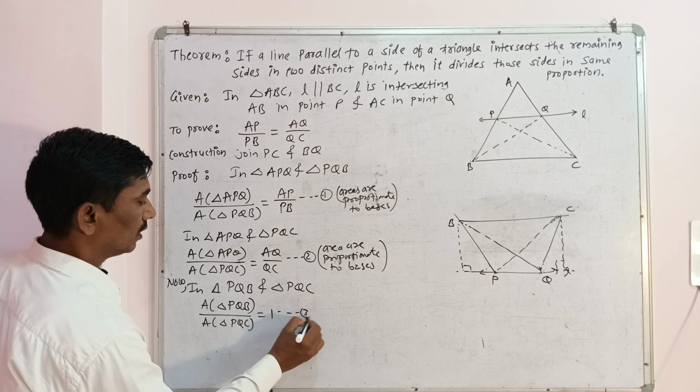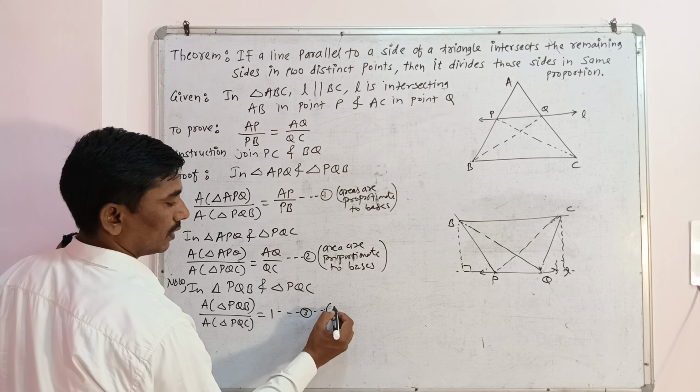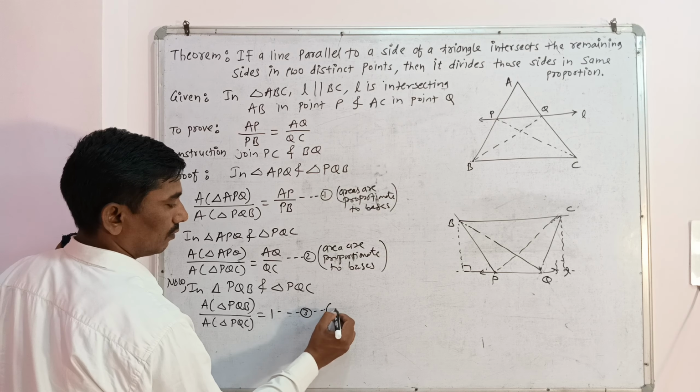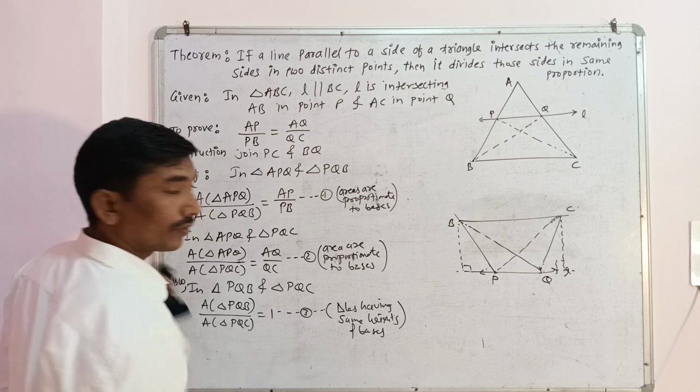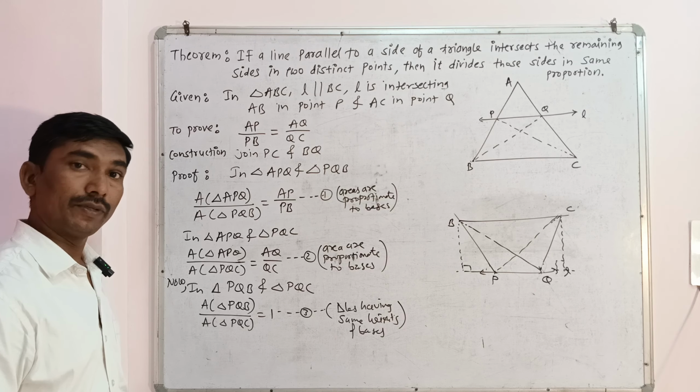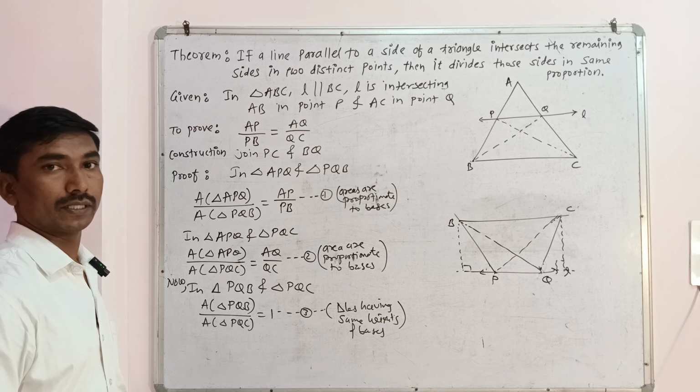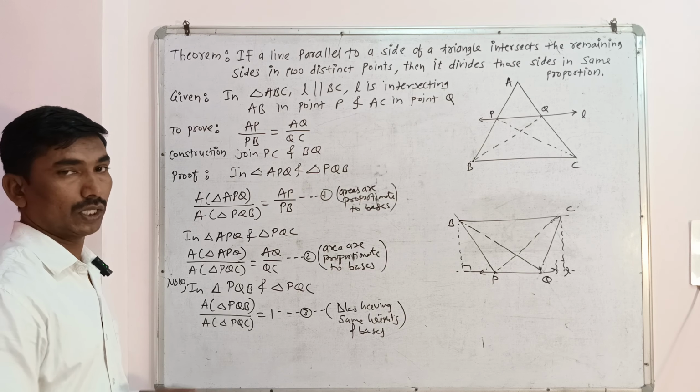Why is it so? Because these are the triangles having the same heights and bases, so they got cancelled, isn't it?